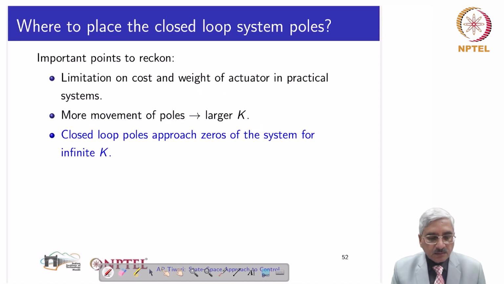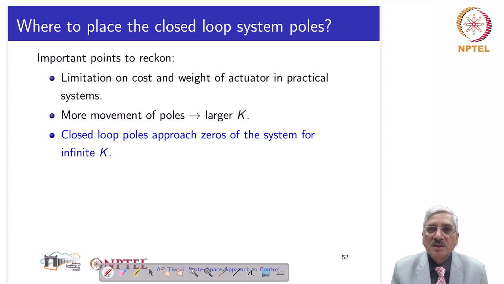Another consideration, again for those who have knowledge of root locus, is easy to comprehend. For k equal to 0, the poles are the same as the open loop poles. As k increases, the poles move to the zeros of the system.